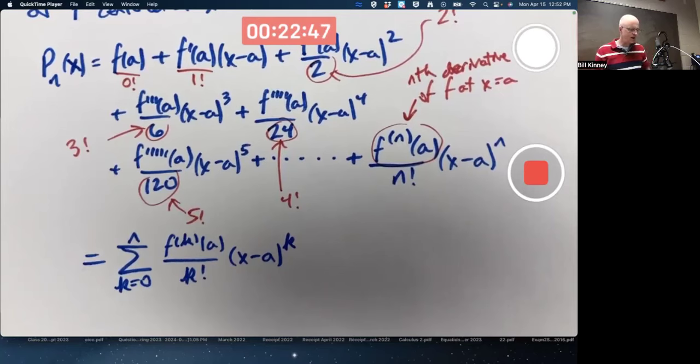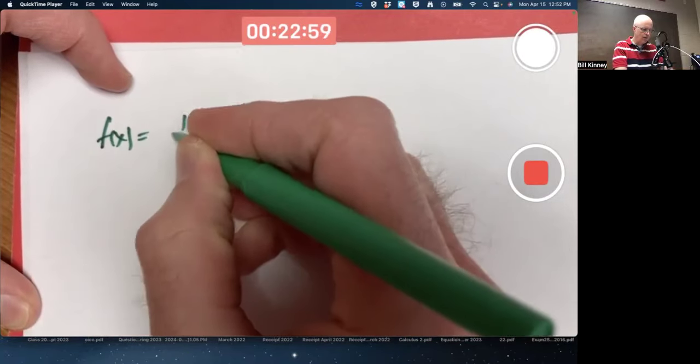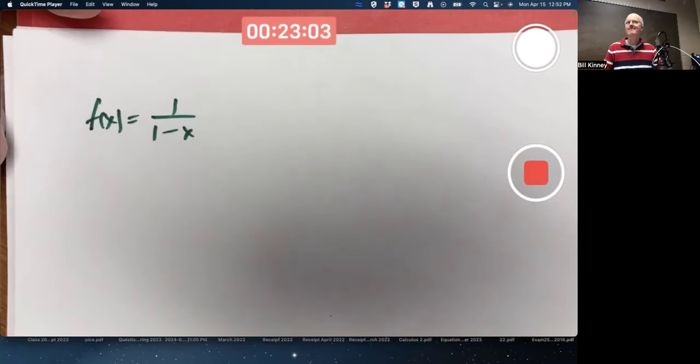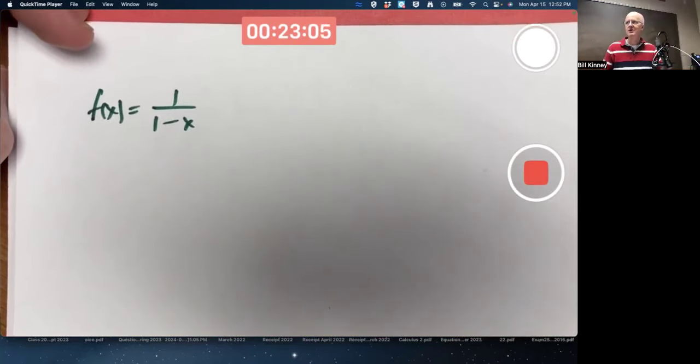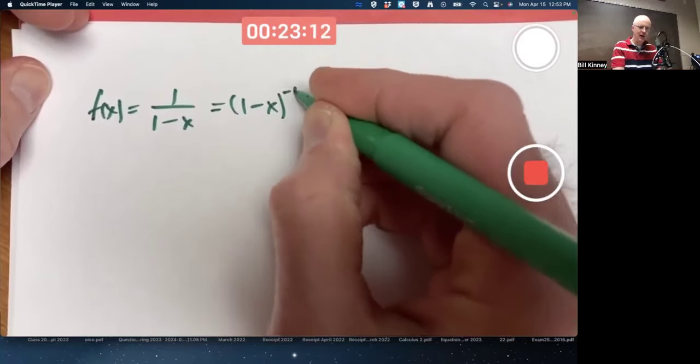All right, would we want to do this? Let's do an example. Let's start with f of x equals 1 over 1 minus x. This expression should look vaguely familiar. But let's go ahead and use the formula.